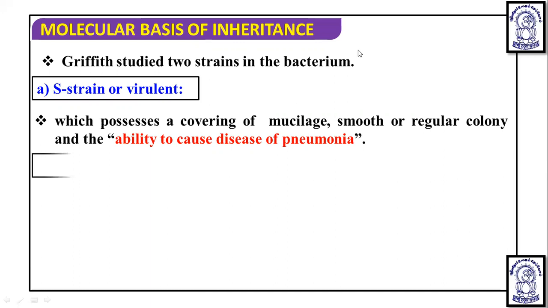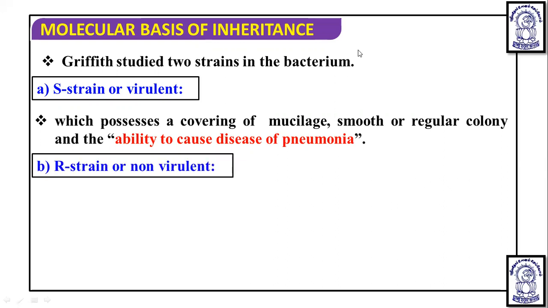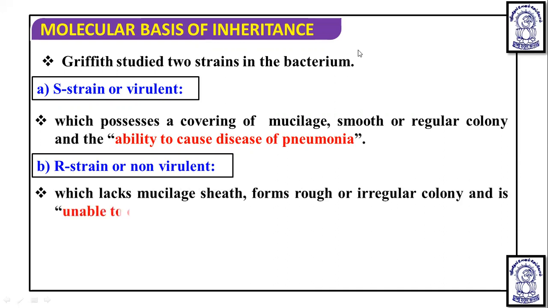It has the ability to cause pneumonia. Whereas the R strain, a non-virulent strain, lacks a mucilaginous sheath, and due to this lack it forms a rough or irregular colony and is unable to cause disease.